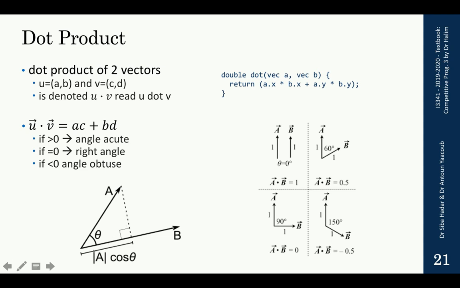If the dot product is null, it means they are perpendicular, they form a right angle, here in the schema you can see them represented as vectors capital A and capital B. And if it is negative, it means, like here on the right of the slide, that the angle is obtuse.